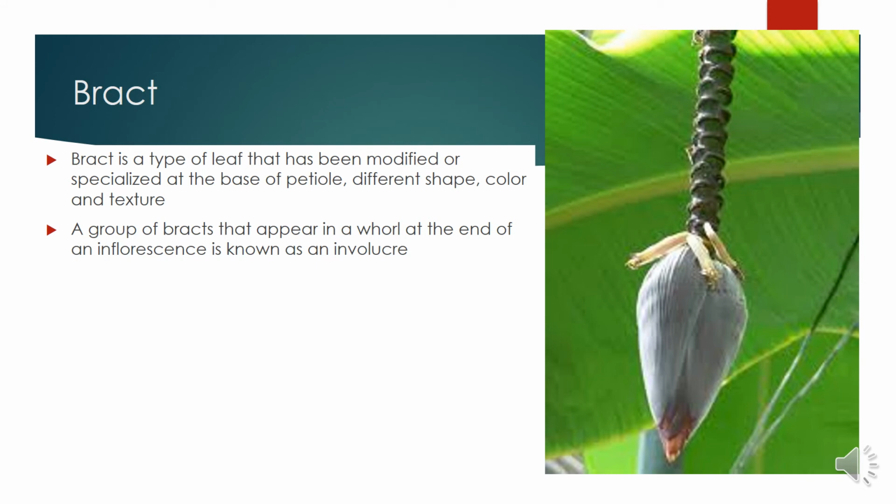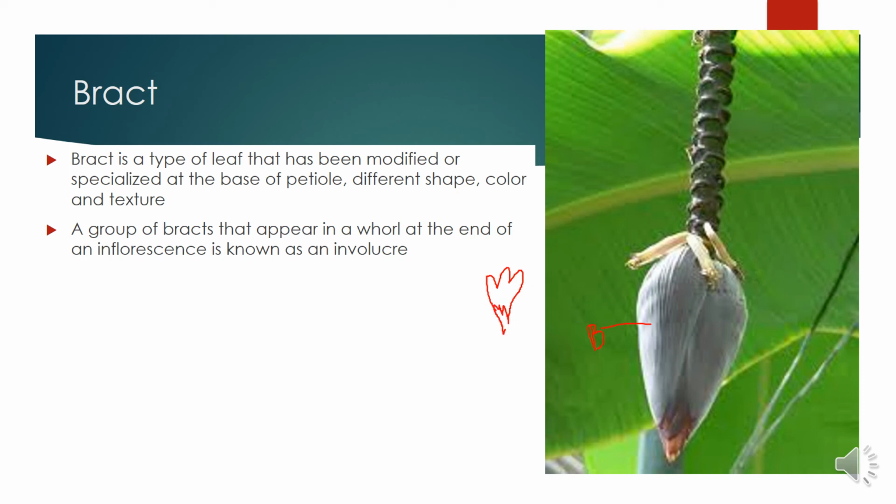Bracts are structures that are present in some flowers or may be absent in some flowers. Now this is the flower of banana, where this brownish colored structure is the bract. Bracts can be present in flowers, also they are absent in some flowers.